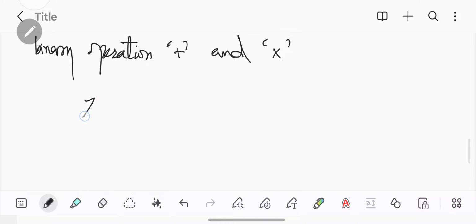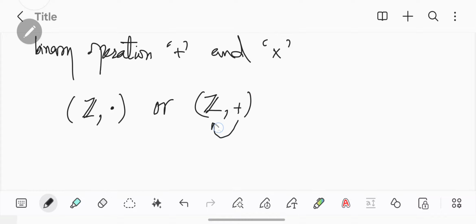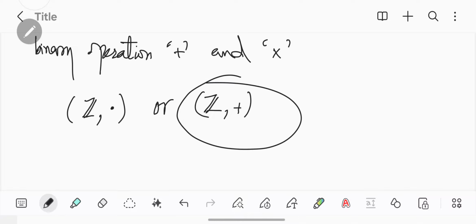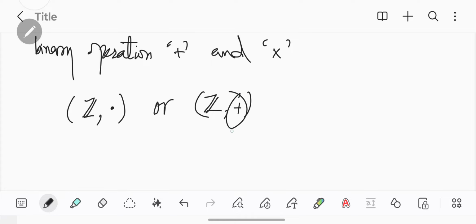For example, if you talk about Z and its binary operation multiplication, normally we write multiplication this way with a dot. If I write this way, that means I'm defining multiplication on Z. Or if I'm writing Z, comma, with plus, this means I'm talking about the binary operation addition defined on Z. That means if I have to operate on two elements of Z, I have to add them.